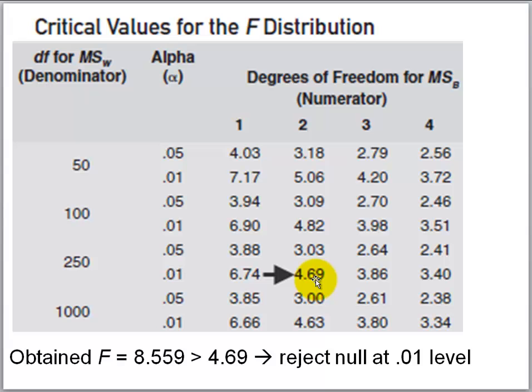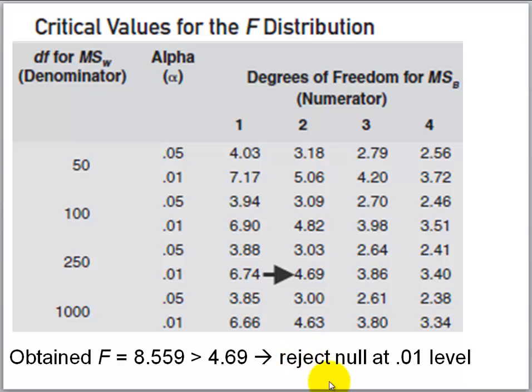4.69. Our decision rule calls for rejection of the null if the obtained value of F equals or exceeds the critical value, that is the value listed in the table. Our obtained F of 8.559 is indeed greater than 4.69. Therefore, we reject the null at the 0.01 level.